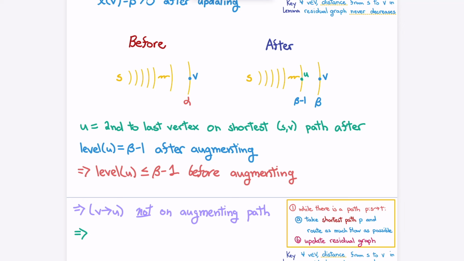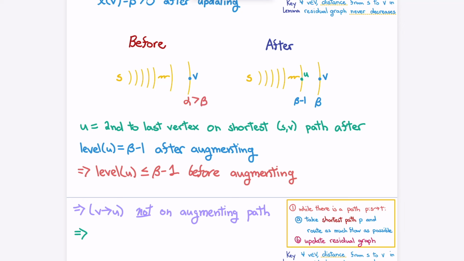Let me give me a second. Okay, so by contradiction, I assume that alpha is greater than beta.